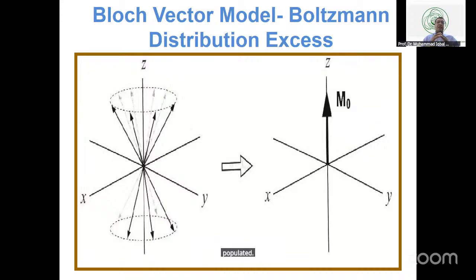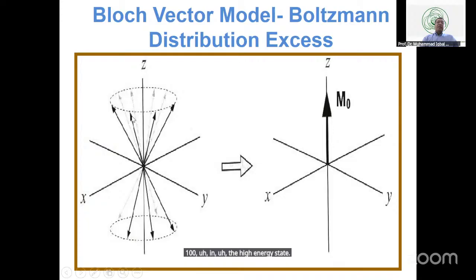populated. And I told you that this is because of thermal equilibrium. The energy difference between the two energy states is so tiny that Boltzmann said long time ago that when such a system exists, the excess is very little. So assume that you have 110 nucleus spins in the low energy state, and you have about 100, just an arbitrary number, 100 in the high energy state.